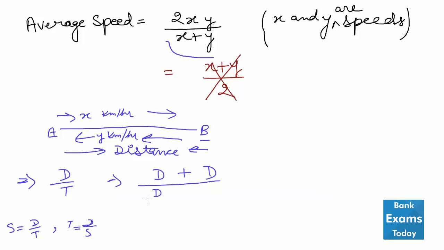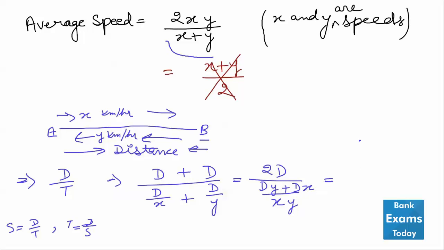So the time taken is d over x plus d over y. So it becomes 2d over (dy plus dx) over xy.